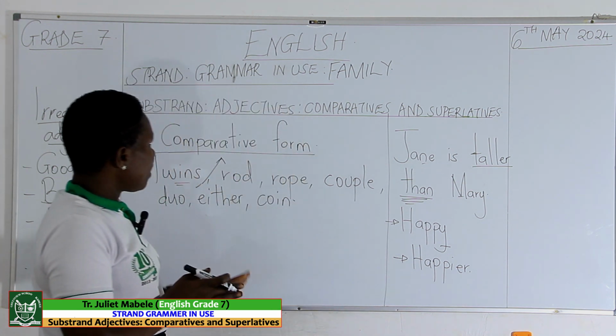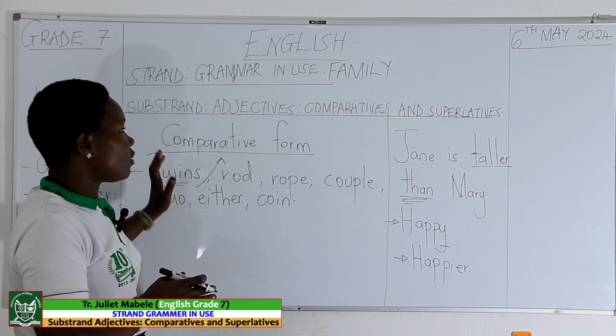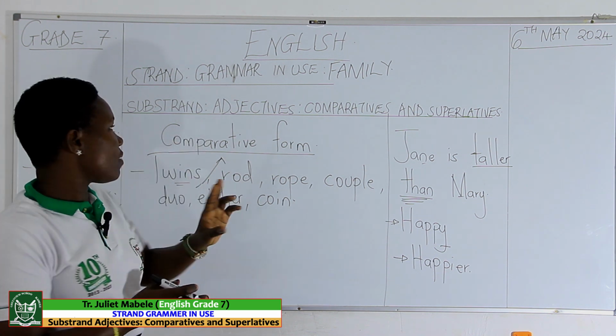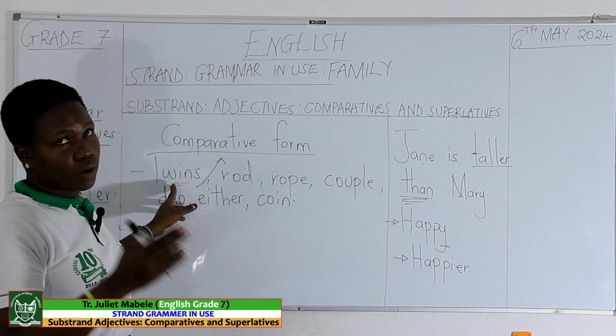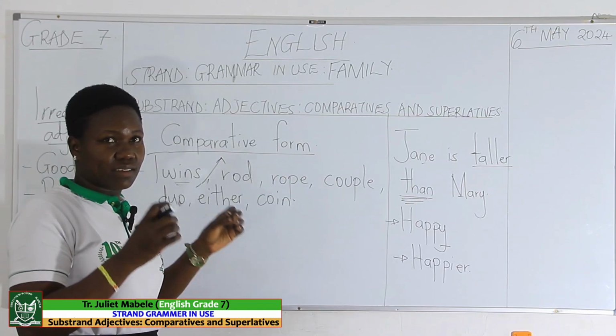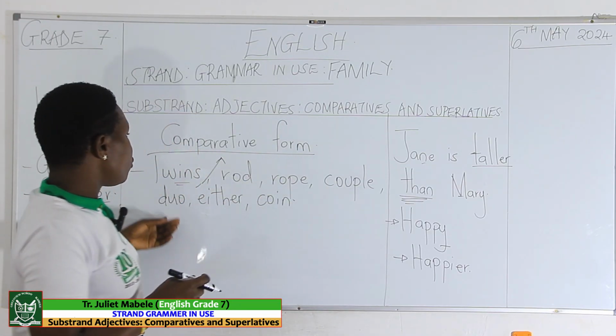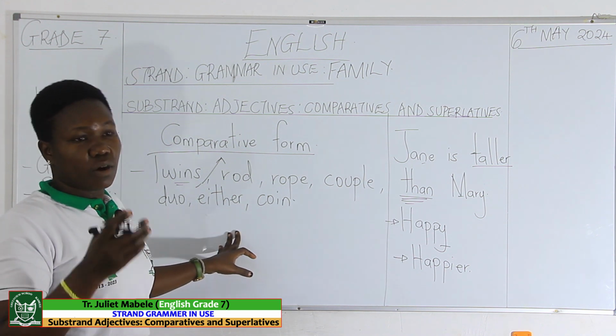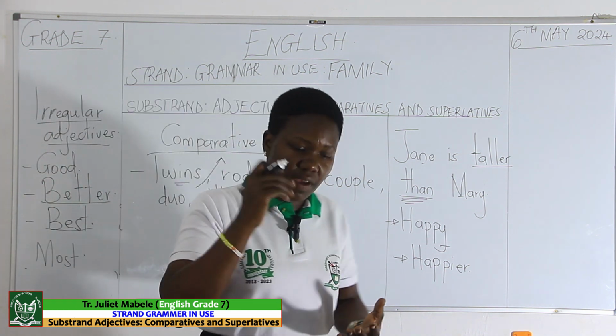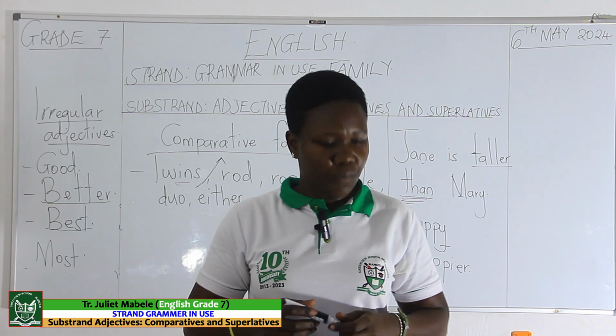The key word here about the comparative form, we've said that we are comparing two things. That's why I'm talking about twins, because we have two. Road, one side is thicker than the other. Then we have the rope, we have the couple, we have duo, we have either, and we also have the coin, and even many more that you can discuss with your friend back at home.